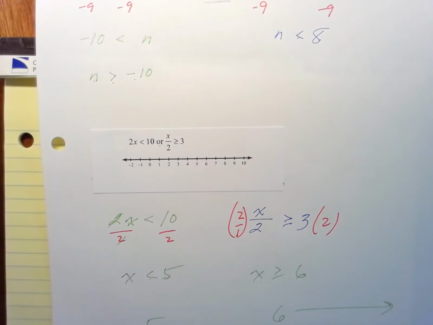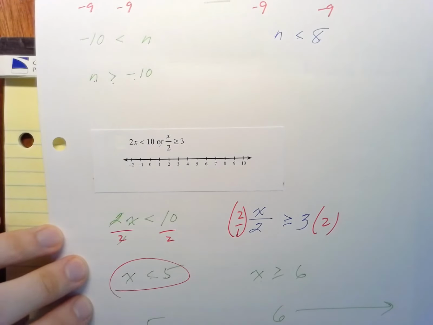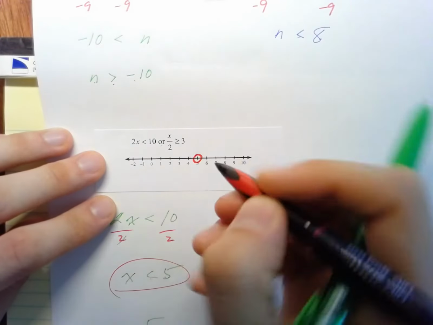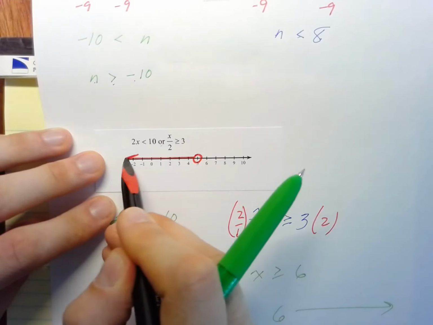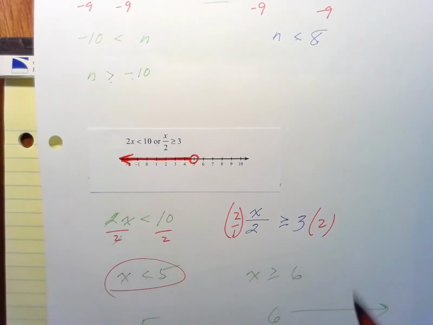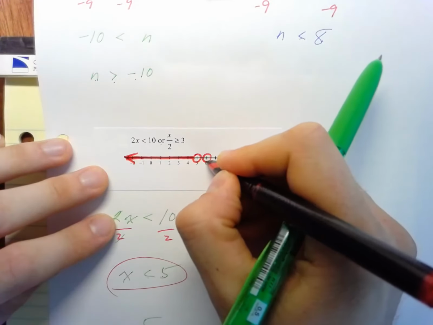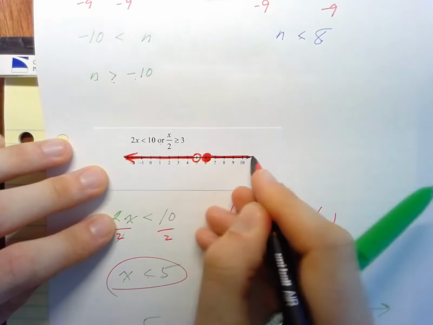If x is less than 5, then it's going to be 5. It's an open circle here. X is less than 5, so we're going to go this way. Right? And then if x is greater than or equal to 6, then we have 6. It's a filled in circle, and we're going greater than.